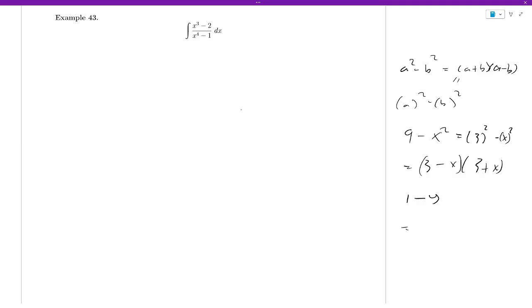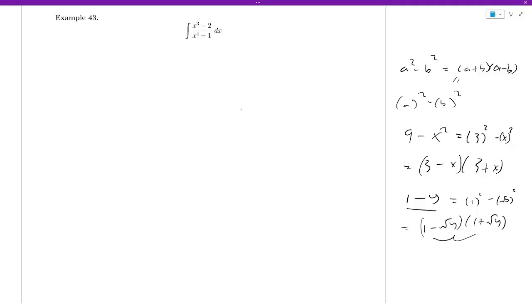But I could technically factor this. I need something squared, so 1 squared is 1, and that works. And then I would need y to be something squared, probably the square root of y. So this is technically 1 minus square root of y times 1 plus square root of y. I'll let you double check that if you FOIL that, you really get this back.